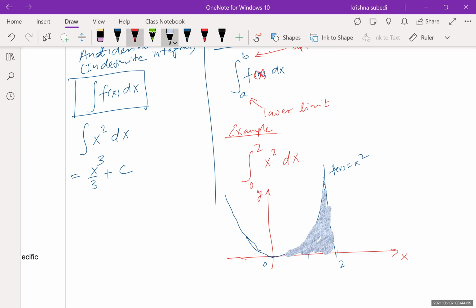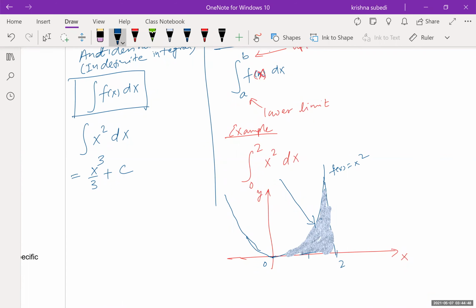This represents this area, from 0 to 2. So it's under this curve, under f of x, from 0 to 2. So it represents the area. Keep that in mind: a definite integral represents the area.